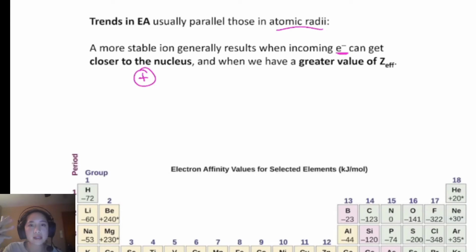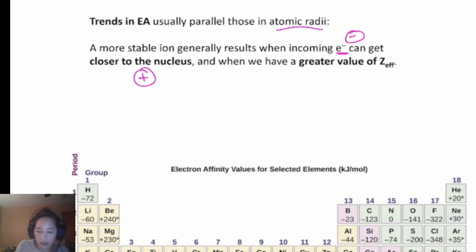Okay, so trends in electron affinity parallel those in atomic radii. So if we can get an electron closer to the nucleus, remember it's positively charged, an electron is negatively charged. So if we can bring those charges closer together, you will get a more negative electron affinity, or you can think more energy will be released when a positive charge and negative charge can get closer together.